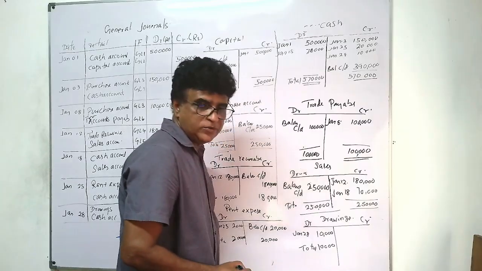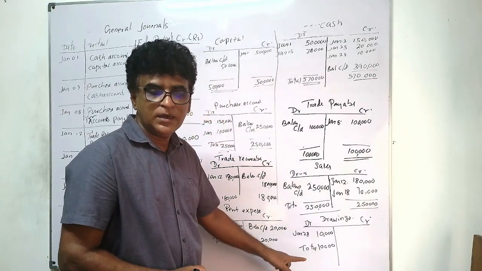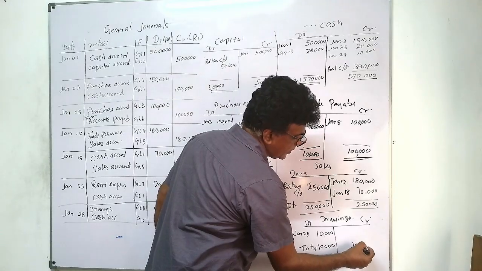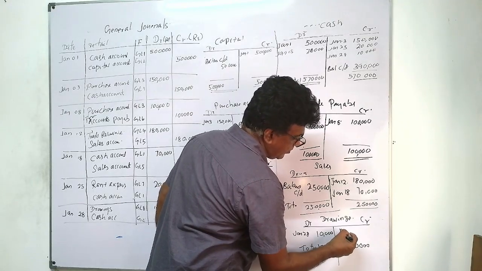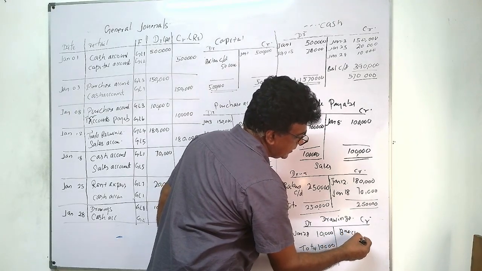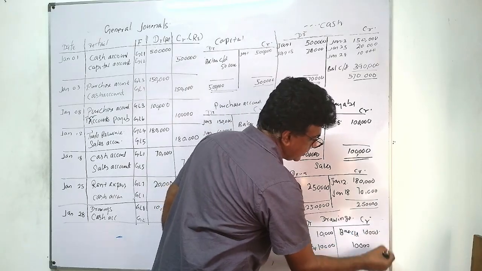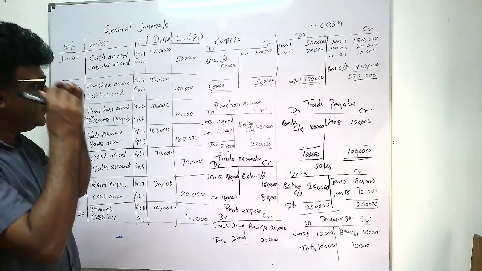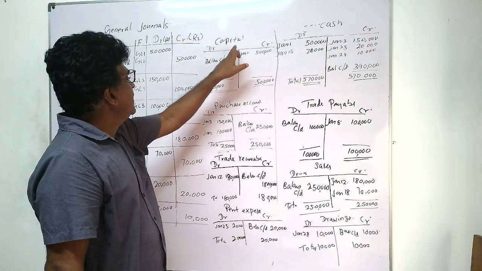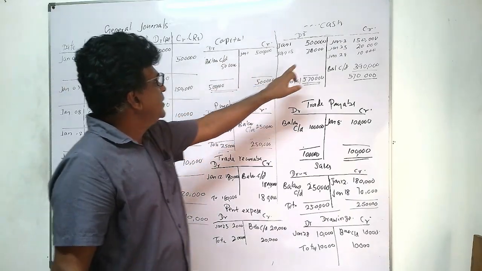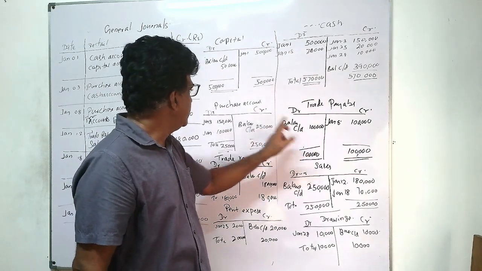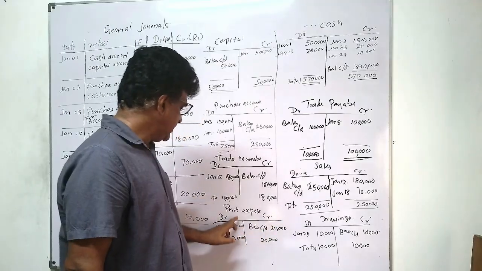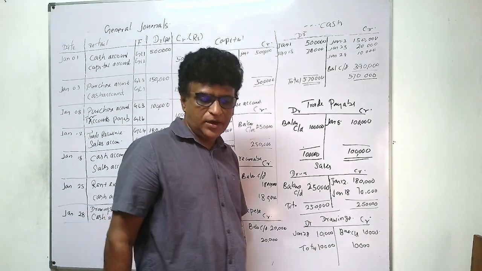Total is 10,000, and balance is 10,000. All 8 accounts, double entries we have passed: capital account, cash, purchase account, trade payable, trade receivable, sales, rent expense, and drawings account.